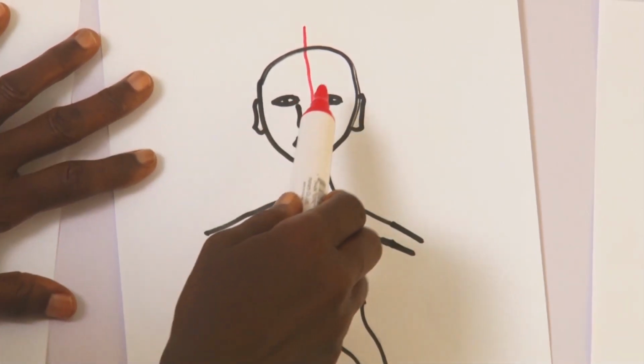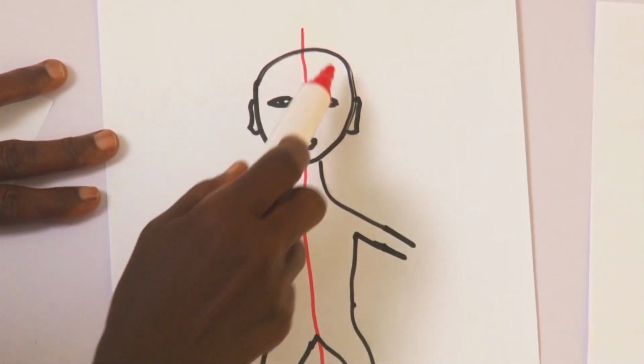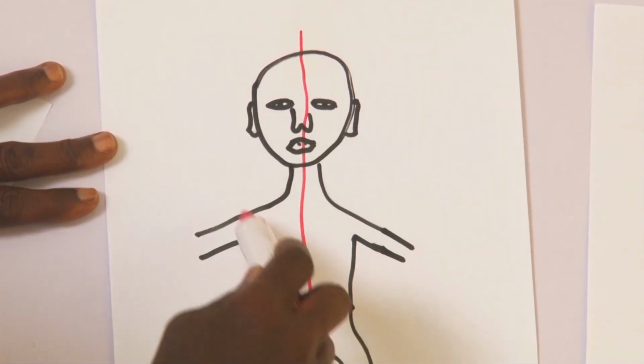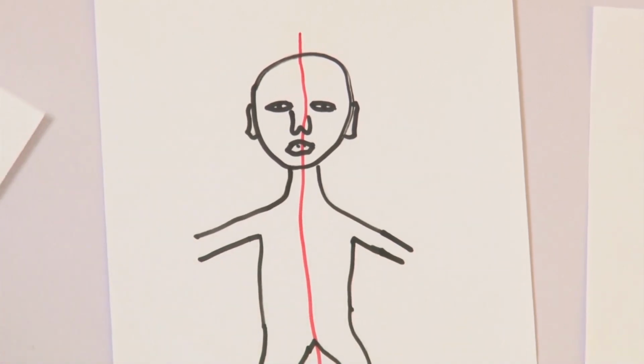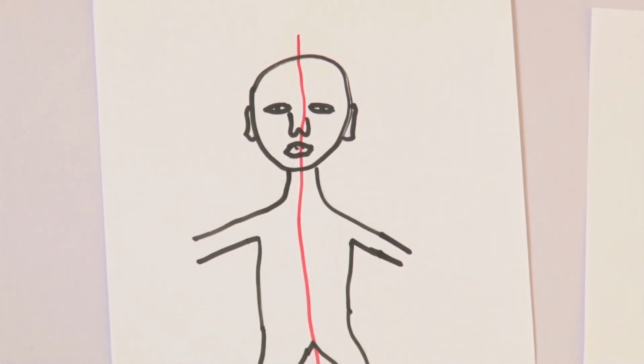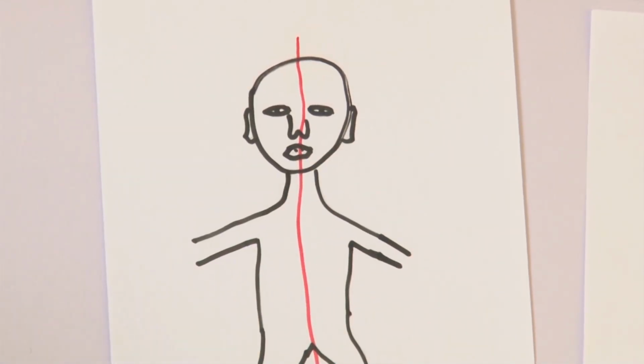So here you see that the cut is made in such a way that it's only this line that makes this area and this area the same. So this is bilateral symmetrical, only one plane.